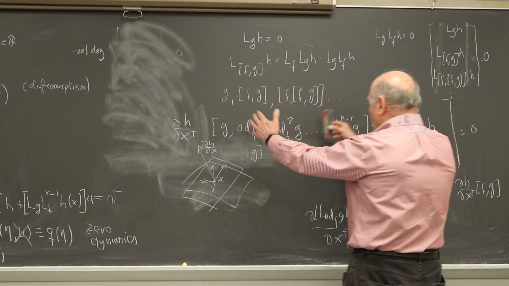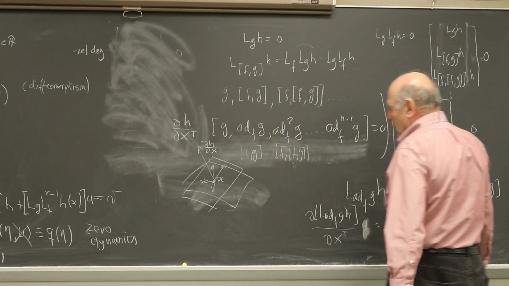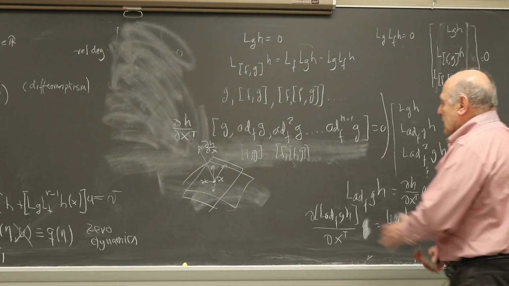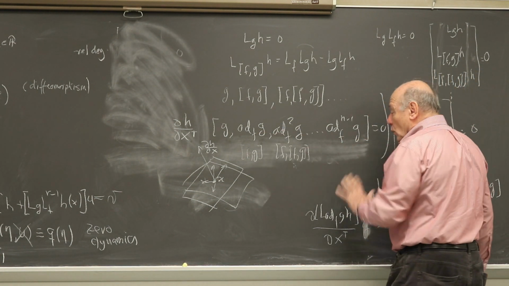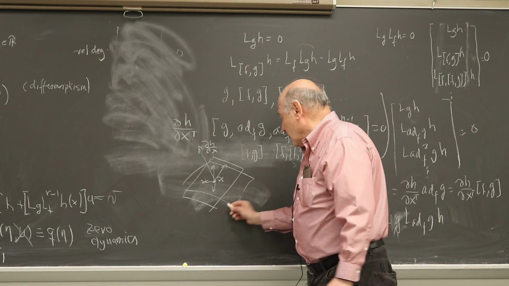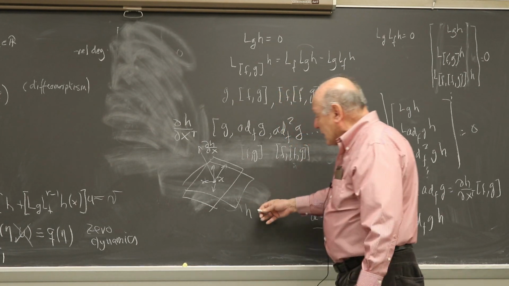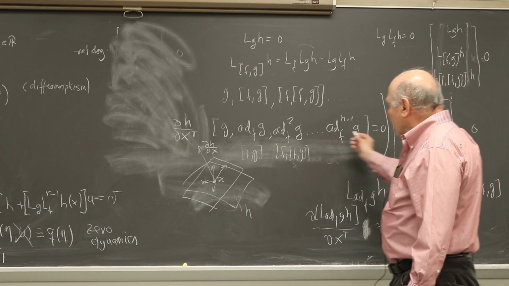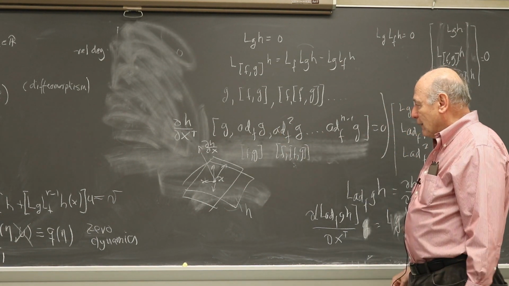And as I add more and more, up to order n minus 1, all of them have to satisfy the same thing. But moreover, this sort of distribution will prove to be integrable. That means there will exist an H that will integrate those vector fields if this distribution is involutive.